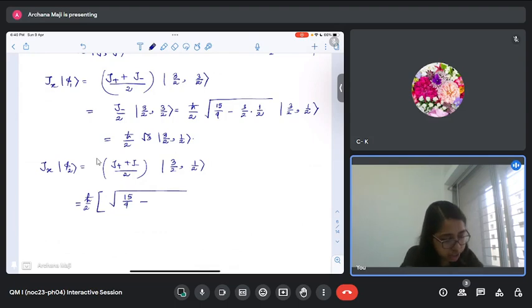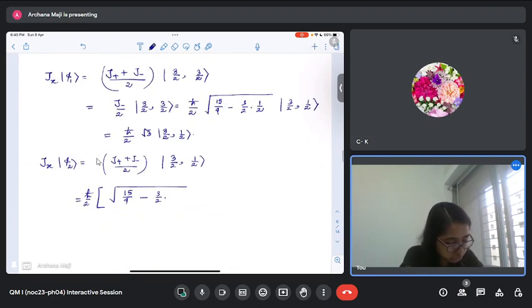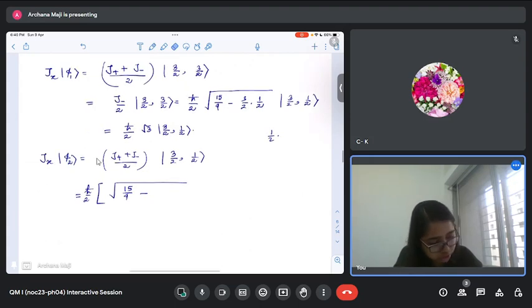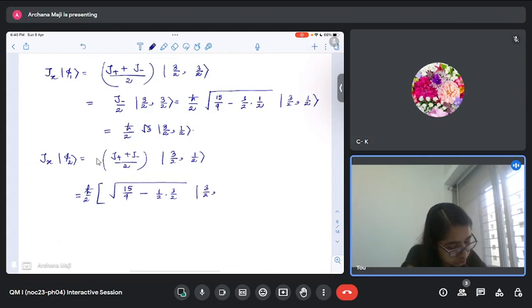When j plus acts on it, it gives m into m plus 1, half into half plus 1, that is half into 3 by 2, |3/2, 3/2⟩. Okay. And likewise when j minus acts on it, you get 15 over 4 minus m into m minus 1. So that is half into minus half, that is plus 1/4.